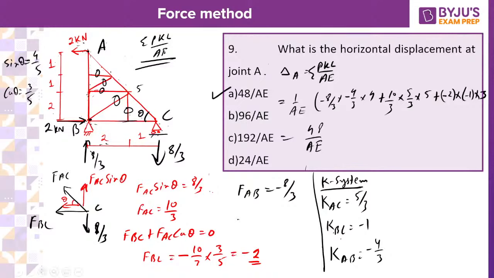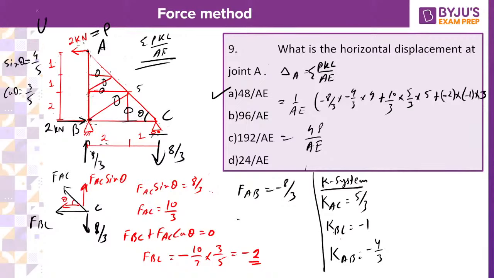So that is how you can apply. Instead, if you want to apply Castigliano here, what you have to do? If you want to apply Castigliano instead of the unit load method, assume that 2 kilonewton as P. Due to the P, you calculate the member forces, and with the help of the member forces, you calculate the strain energy, right?